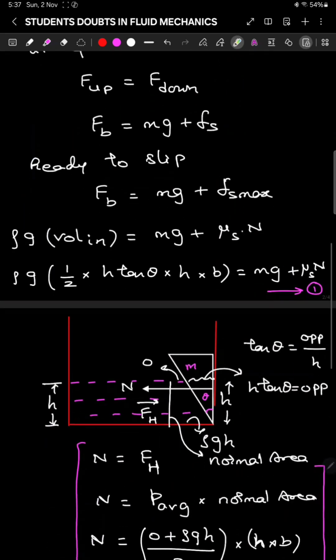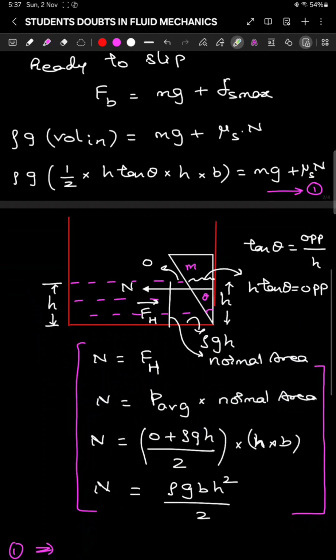That derivation you can see once again here. Along the horizontal, this wall will give normal force on the wedge and this water will give horizontal force on the wedge. At equilibrium, these two should get balanced. To find horizontal force, average hydrostatic pressure into normal area.